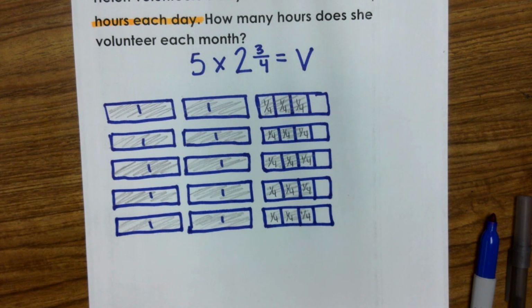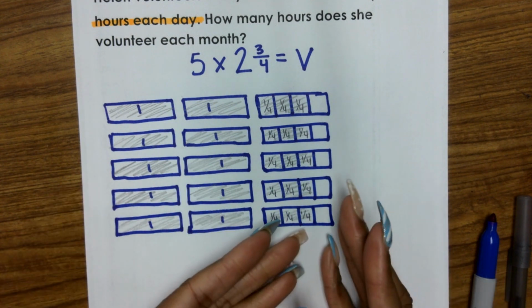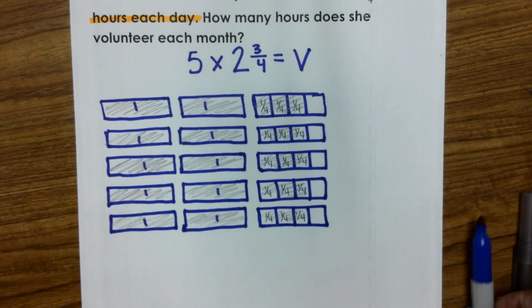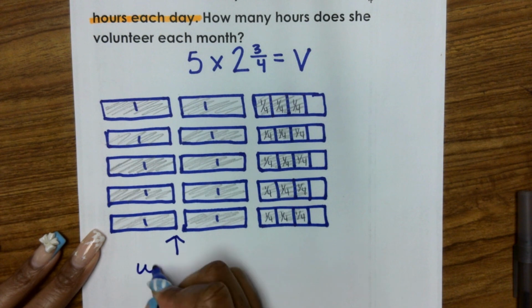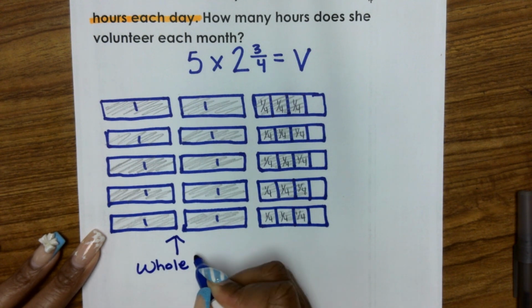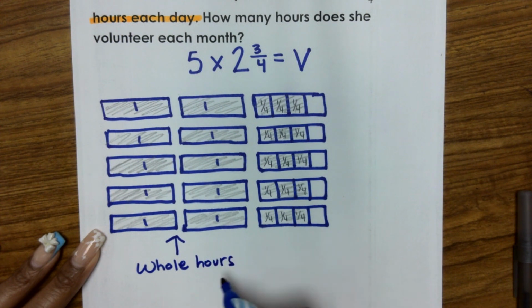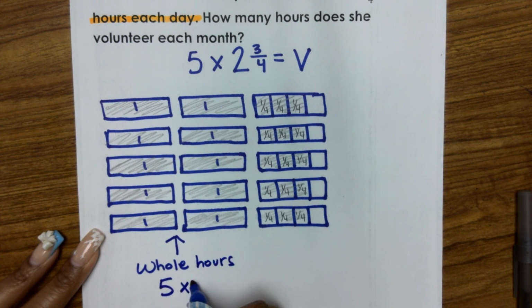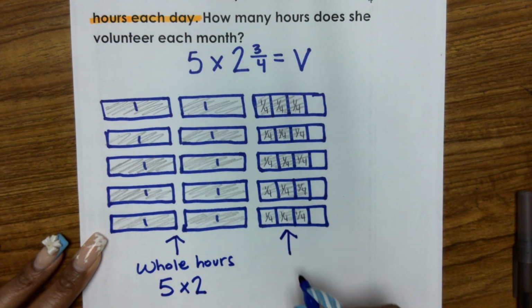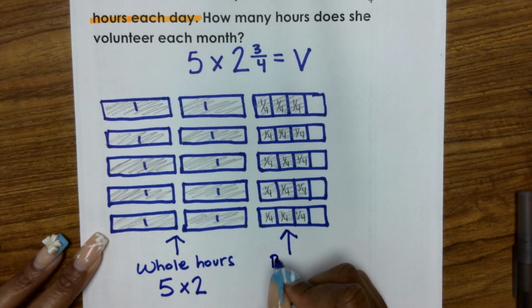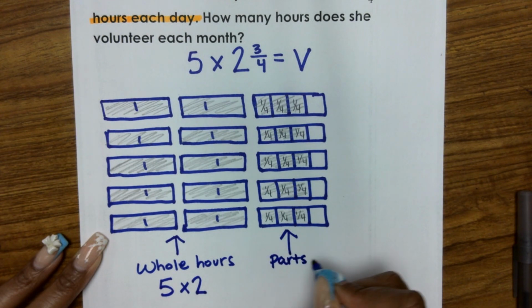I can decompose or break down Helen's time into whole hours and fractional hours. I have 5 groups right here. These are my whole hours: 5 groups of 2. And here I have my fractional hours, or my parts of an hour.